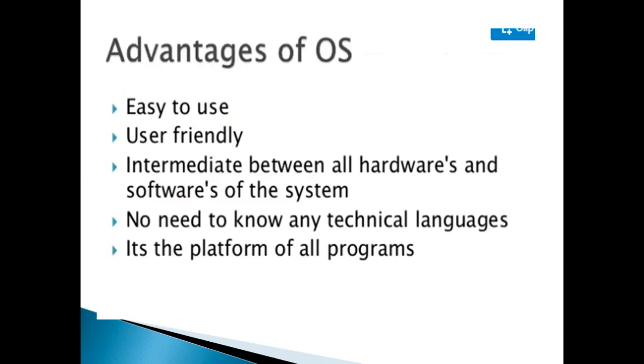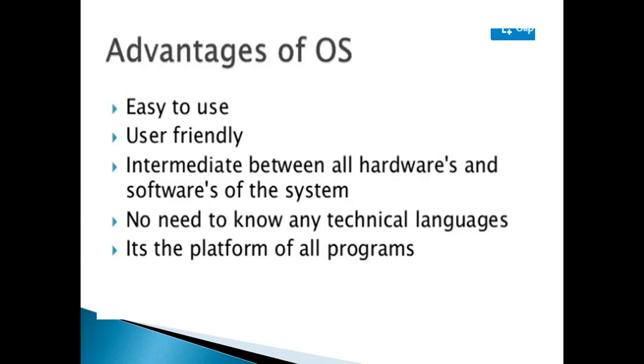You will automatically come to know each and every function which is running on it. So it is easy to use any operating system. It is made very user friendly actually. That's why we are very convenient with any operating system, maybe Windows, maybe Linux. We can understand it very properly.